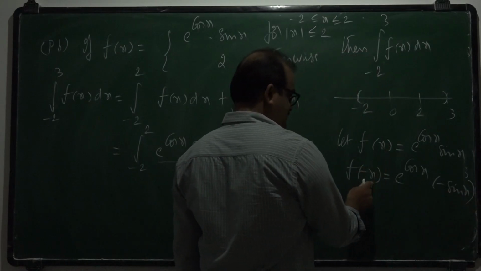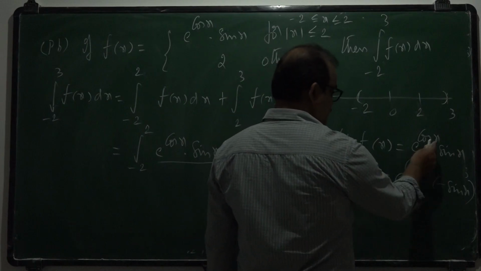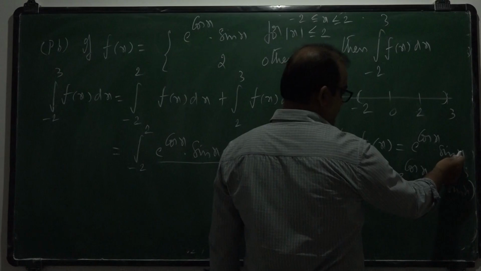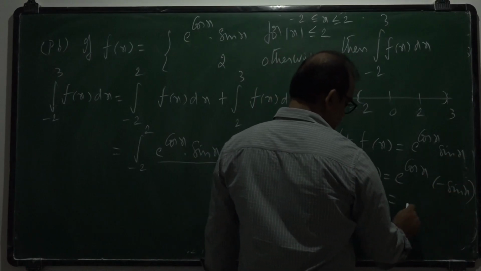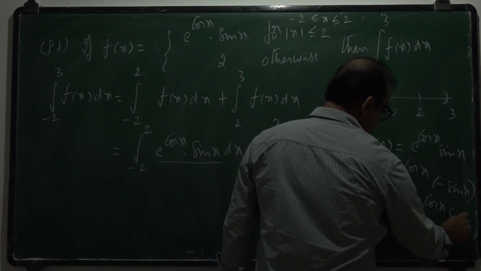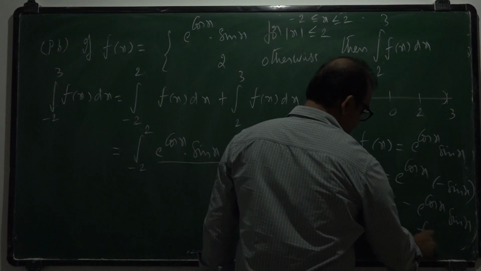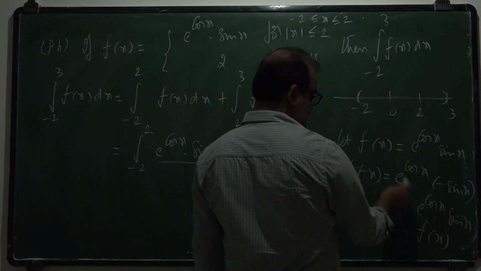You replace x with minus x. Cos of minus x is plus cos x, sin of minus x is minus sin x. So this is minus of e power cos x into sin x, and e power cos x into sin x is f of x.